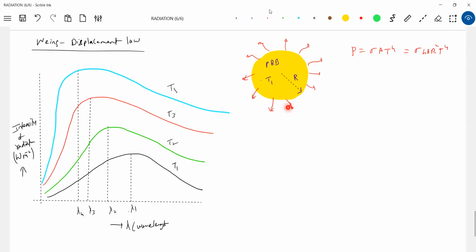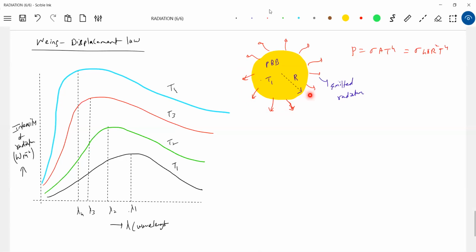Okay, next question. Let's measure the wavelength. I'm interested to know the wavelength. I'll look at the radiation, the emitted energy spectrum, and check the wavelength.